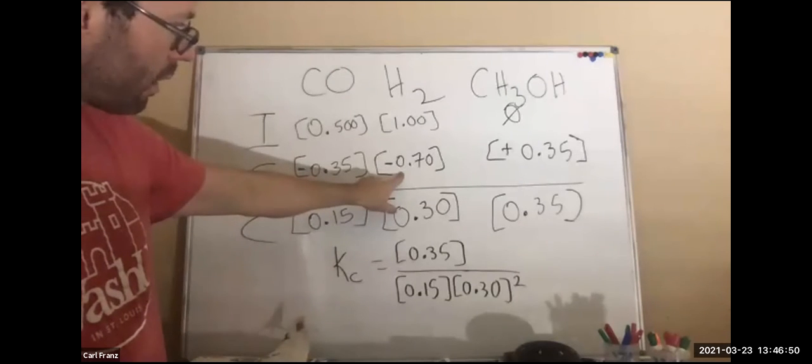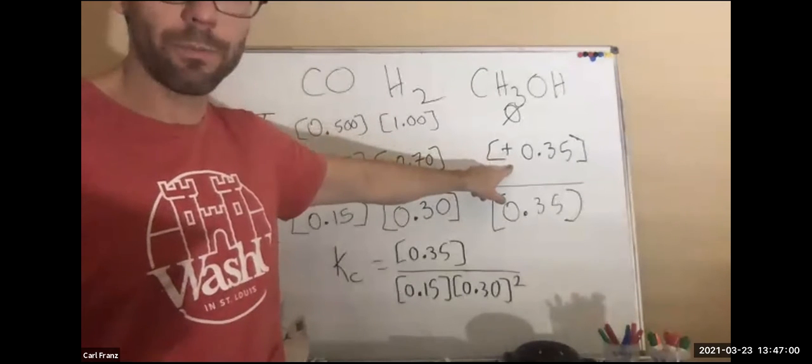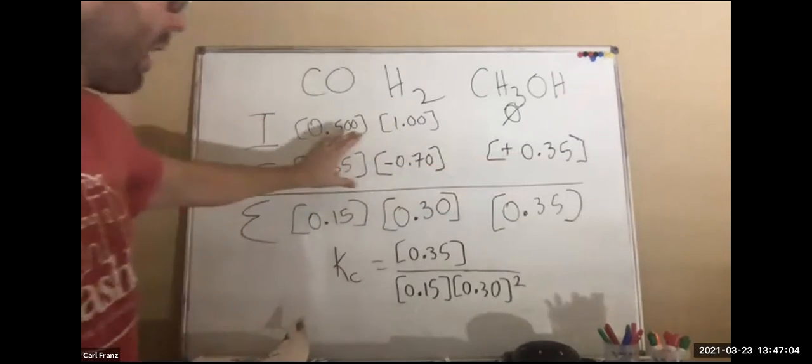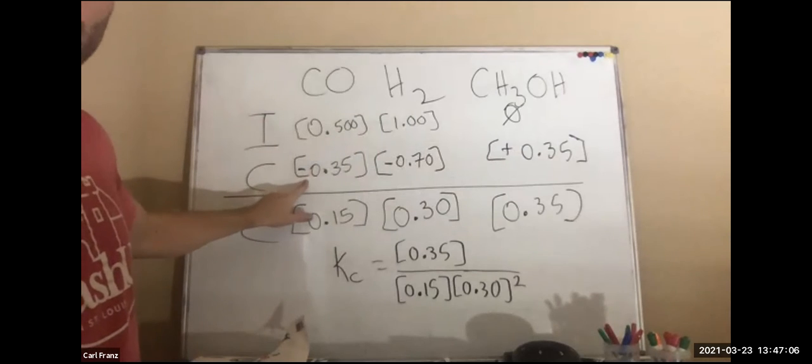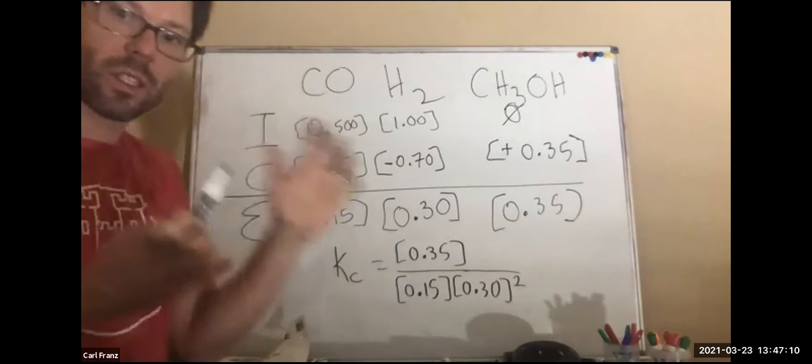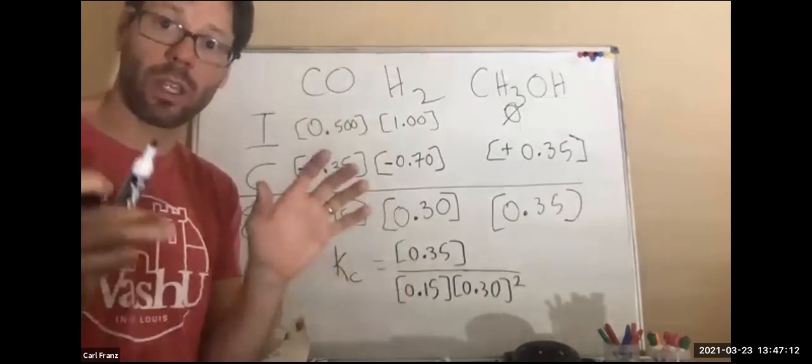Say that again, Hannah. So how did you get to the product's change, the plus 0.35? How did I get here? Yeah. Because we know that the change is 0.35, because remember, this is all stoichiometrically related.